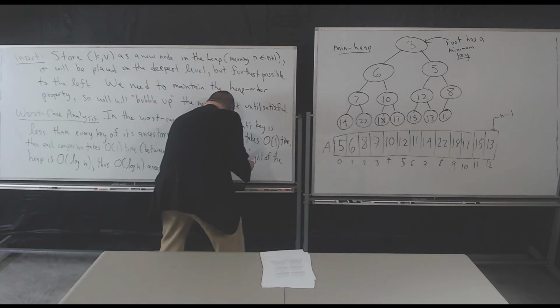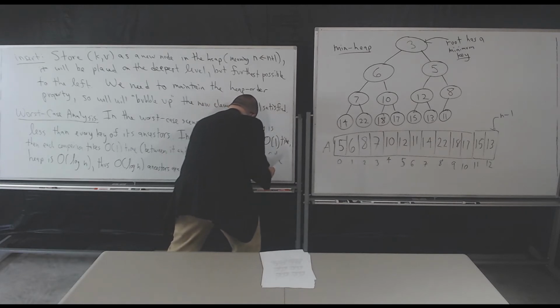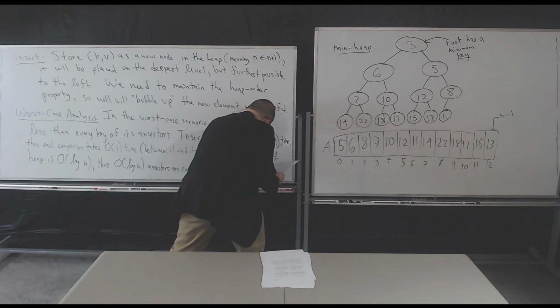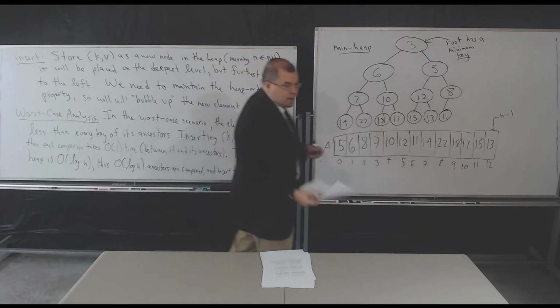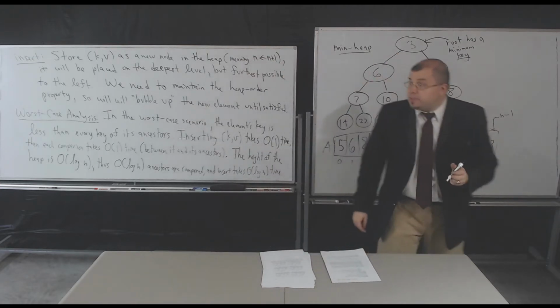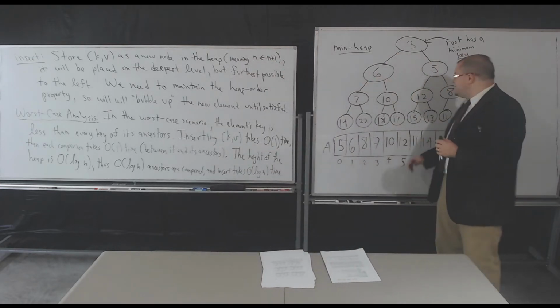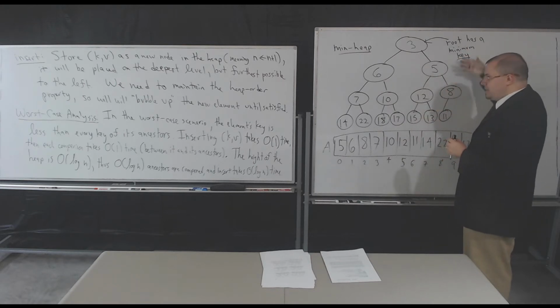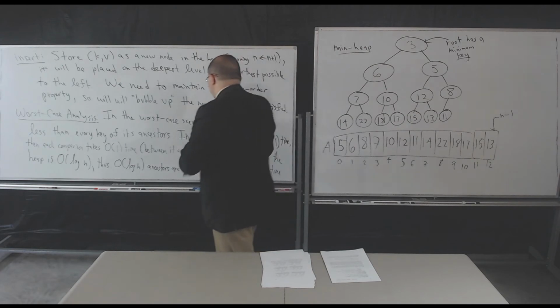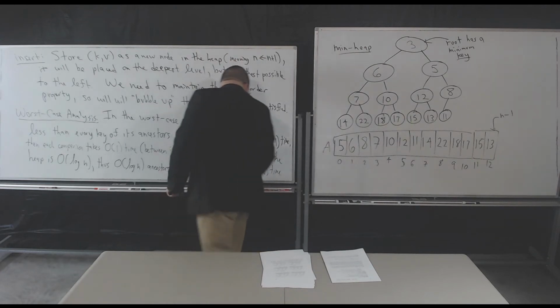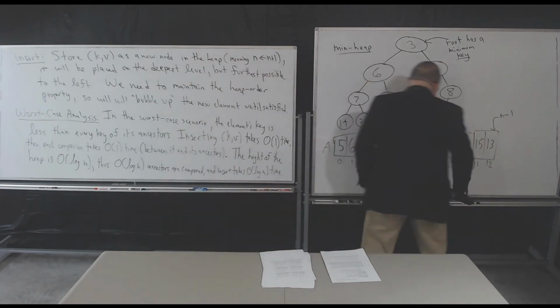And insert takes big O of log n time. So insert takes logarithmic time. Isn't that neat? So it's a very simple algorithm. You just look at the parent and you just perform the swap if the key doesn't quite meet the heap order property yet. Okay? So insertion, really not that bad.